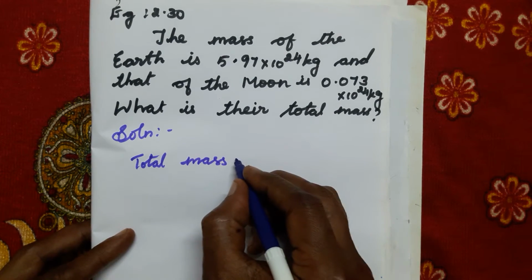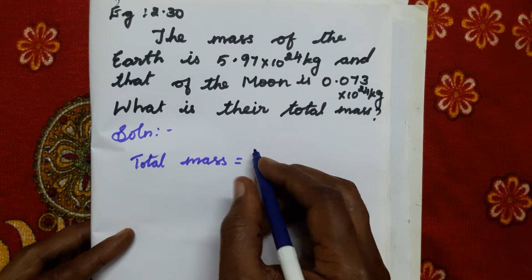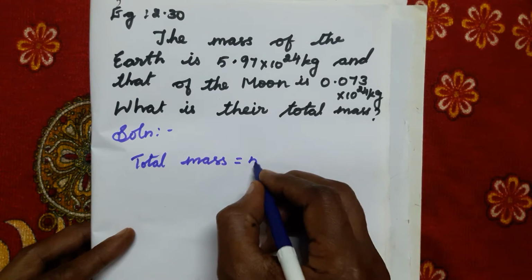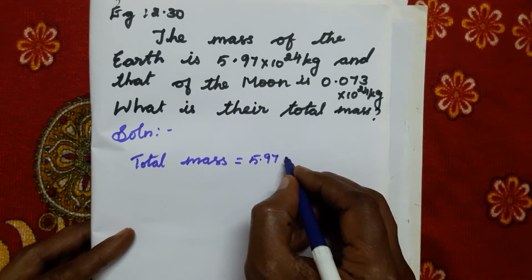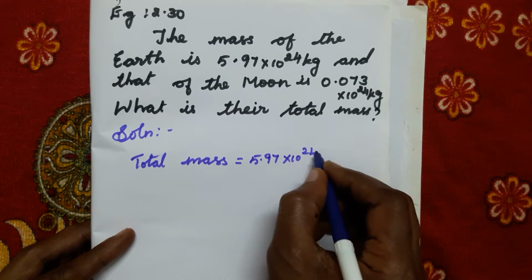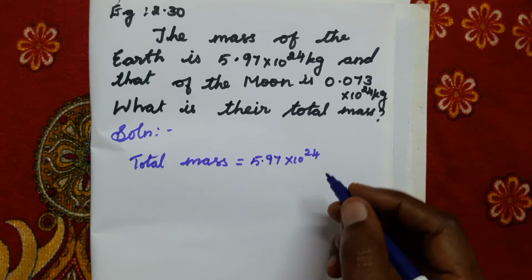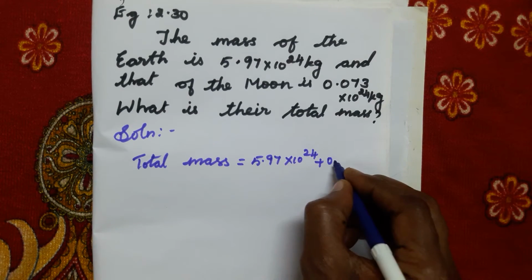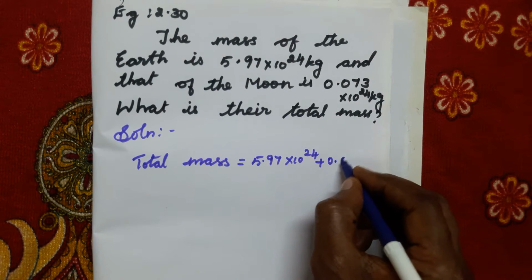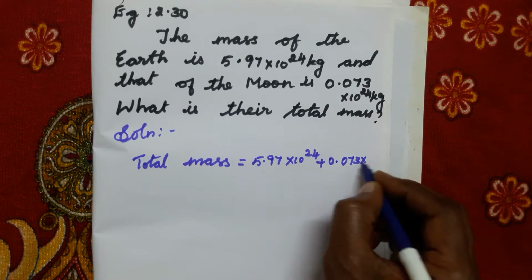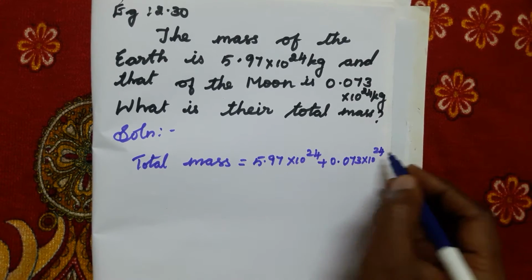If you want to find out the total, what we have to do? We have to add these two. So 5.97 into 10 power 24 plus 0.073 into 10 power 24.